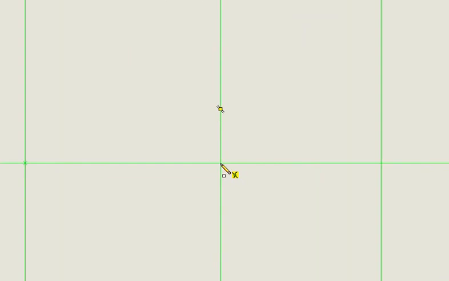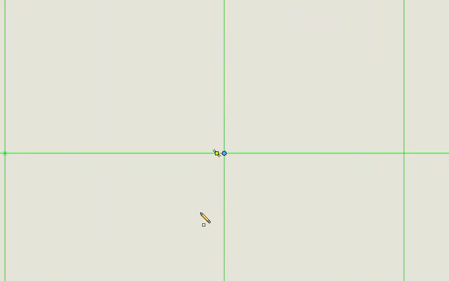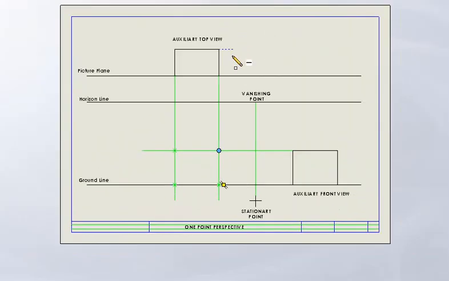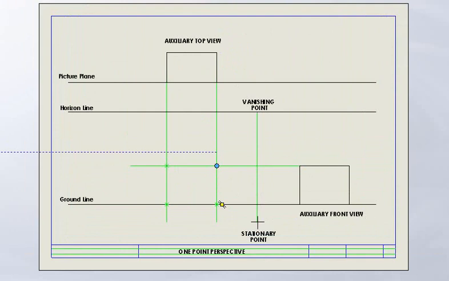SolidWorks allowing us to zoom in over there. Alright. Okay, and we are going to now go and join these points with lines to the vanishing point over there.